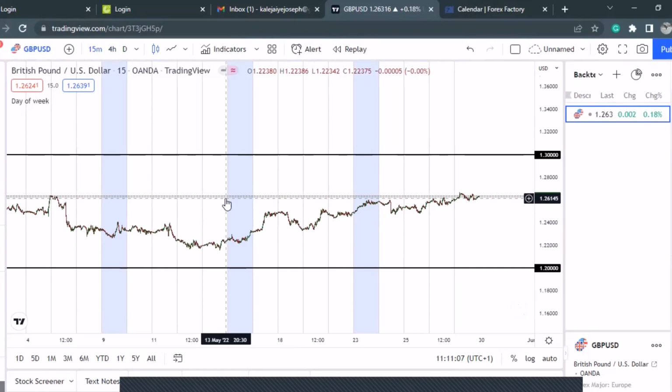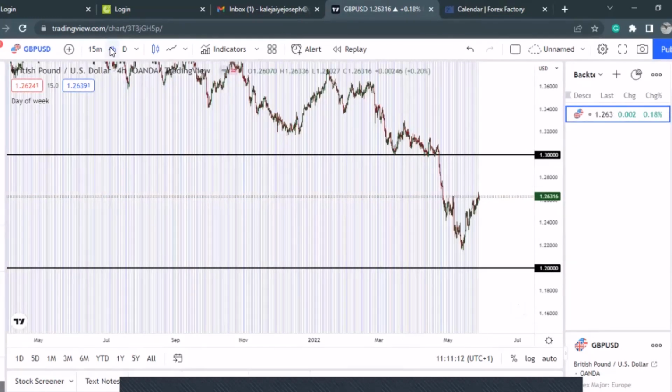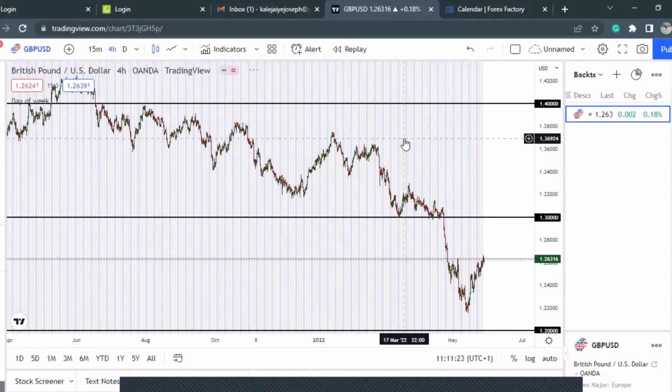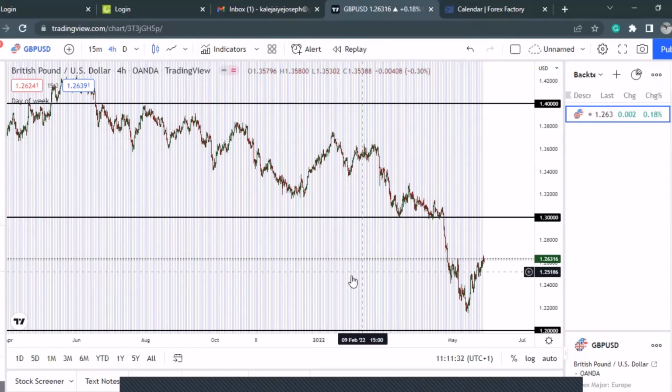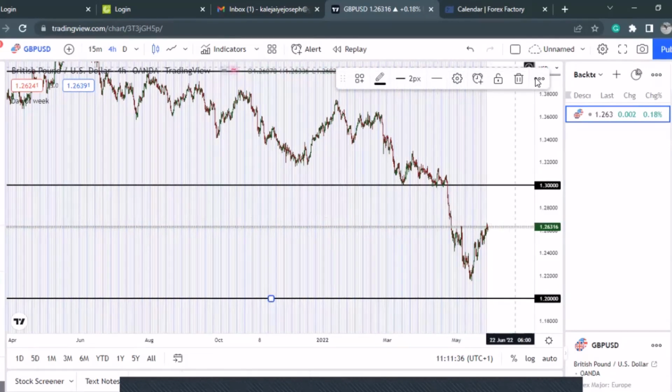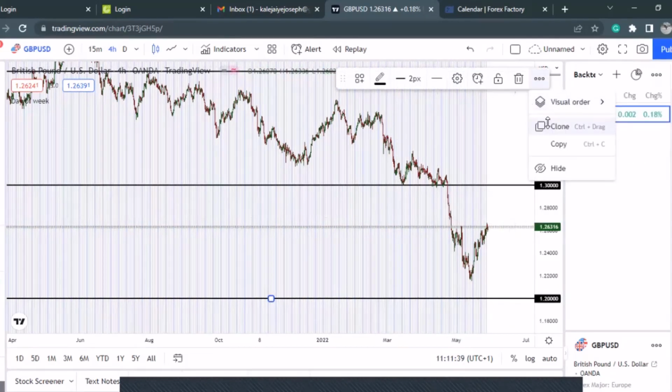Now the next thing we want to do is go back to our 4-hour time frame and work on it. Because we're using 1,000 pips, this is what we're going to do next. We're going to divide this into 50 pips each. So we're going to stick with 50 pips. Let's start down here. We just clone this.